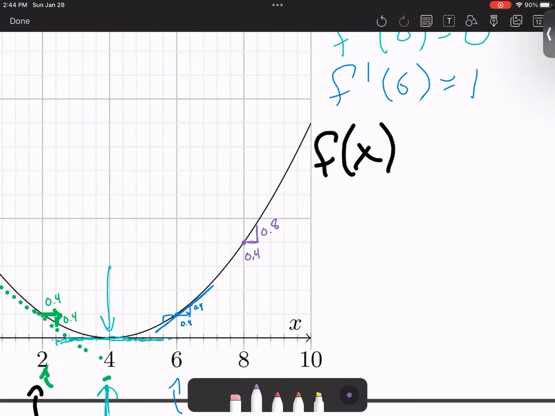So that means my slope would be 2. So the value of the derivative at 8 is the slope of the tangent line. It's increasing at a rate of 2. Notice this is increasing. This was also increasing, but the value of the derivative at 8 is bigger than the value of the derivative at 6, because this tangent line is increasing faster. It has a steeper slope.